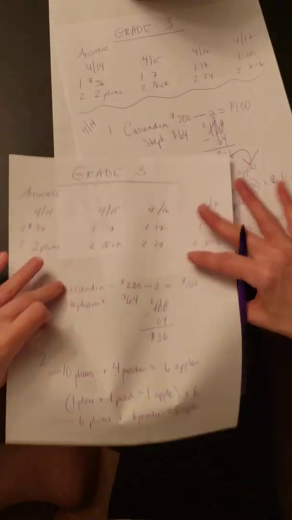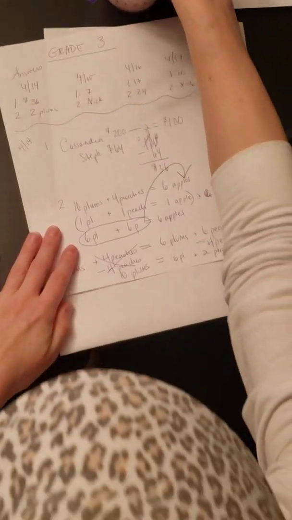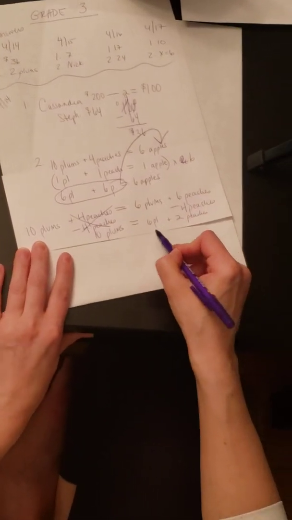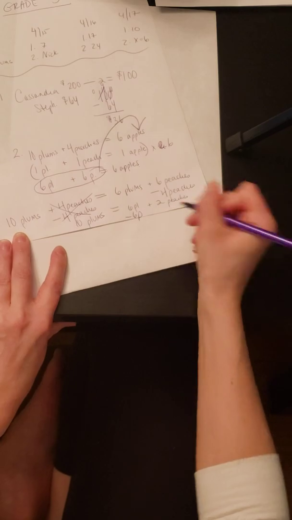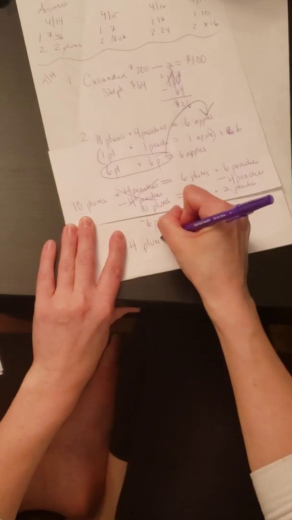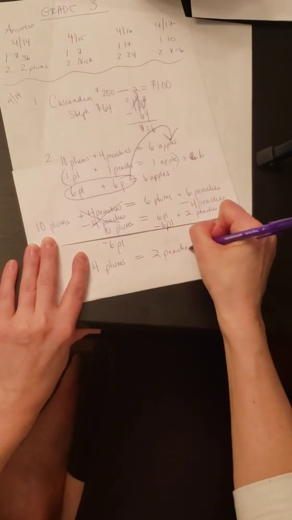I'm going to grab some extra paper. Now I have to take away the plums. I'm going to take the 6 plums away from here and take 6 plums away from this side. So now on this side I have 4 plums, and on this side I have 2 peaches.